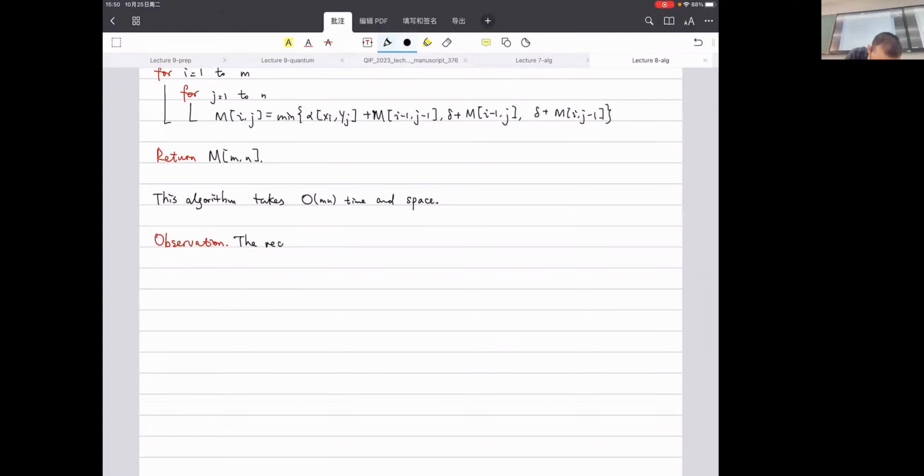So for this recursion, in each iteration, it only calls for those entries in the previous column or current column.